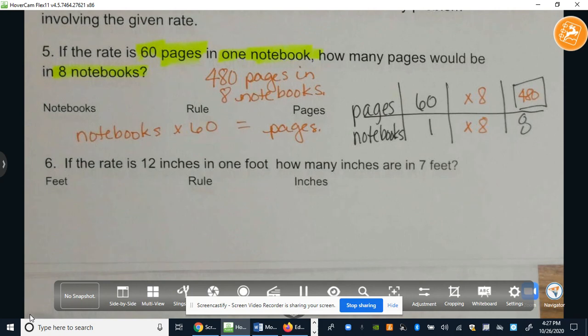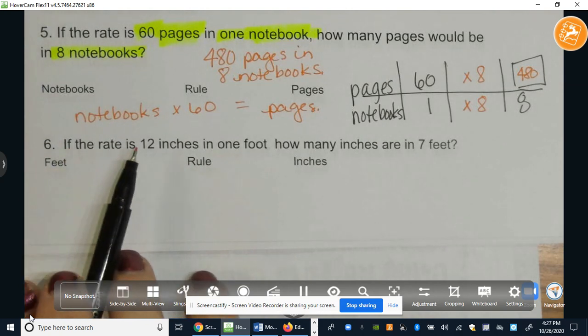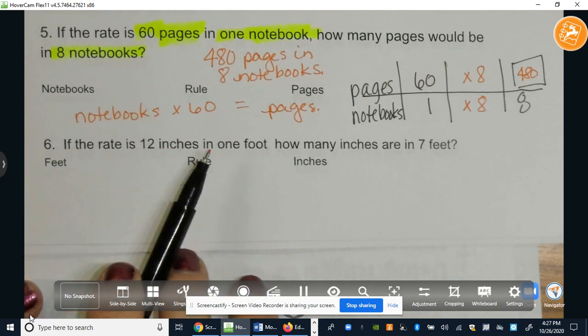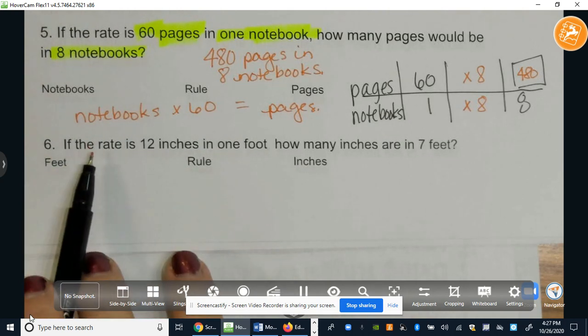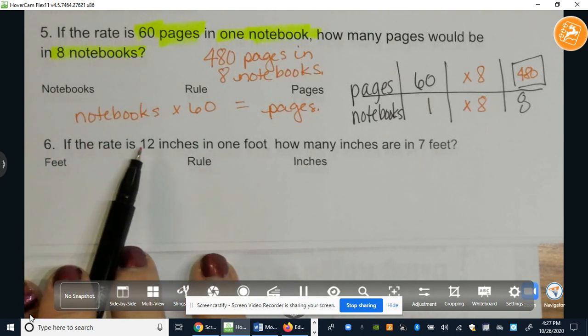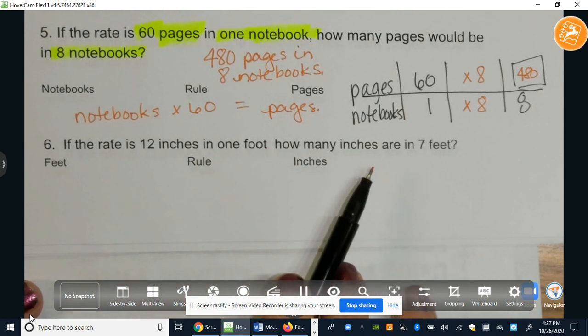All right, if we look at our next one, if the rate is 12 inches to 1 foot, this is a rule. The rule is 12 inches is 1 foot. How many inches are in 7 feet?